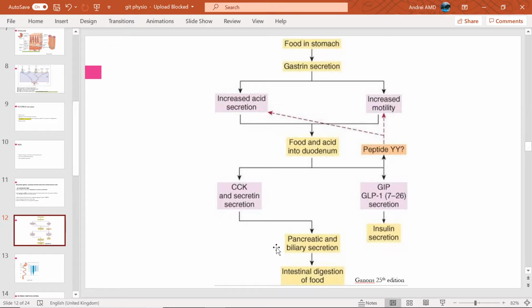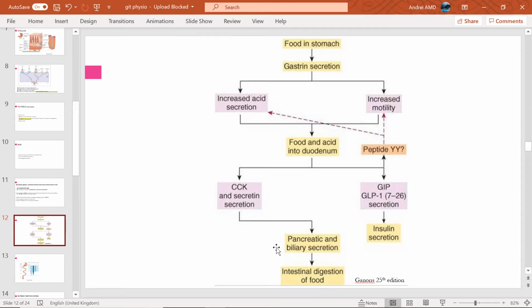And I also attached this picture to know which hormone is secreted where. This is important because when I was studying this, I thought all these hormones were secreted in the stomach. But actually, it's not. Only gastrin is secreted in the stomach. Everything else is below the stomach. All the CCK, GIP, motility ones, they're all secreted below.